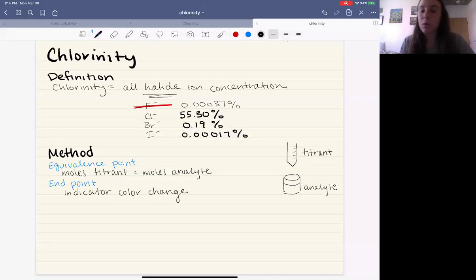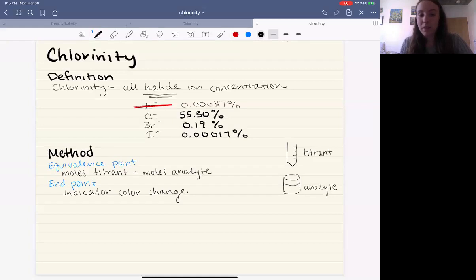Okay, so that's one big takeaway from the concept of titrations, is that the endpoint is not equal to the equivalence point. The endpoint just represents when the indicator changes color, and that typically happens after the equivalence point.